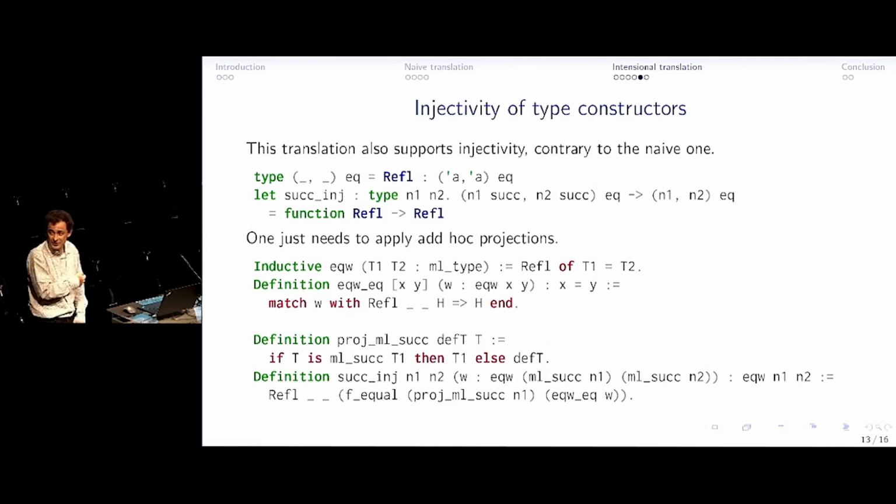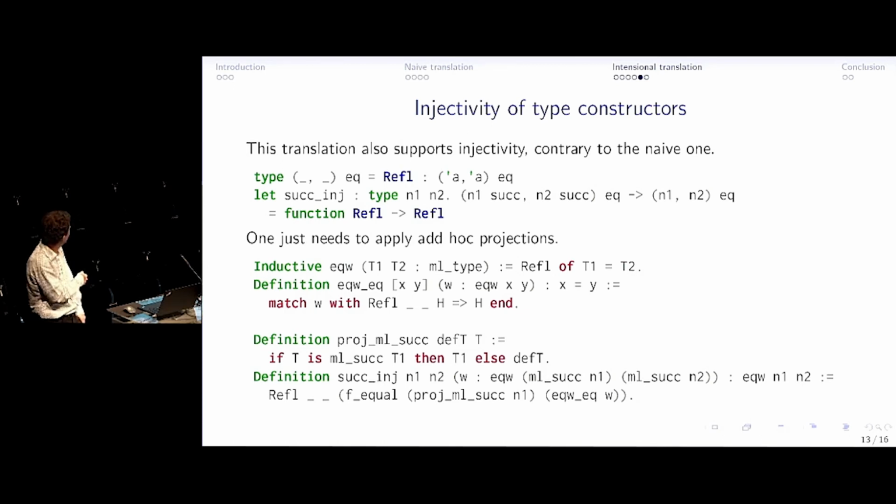In the naive translation, I cannot get that exactly, for the same reason as before. In this version, I can. So this translation here is a bit heavy because I put the equation, I wrap it. But otherwise, if you're used to code, maybe you can read this kind of code. Basically, I'm just going to extract the equations.